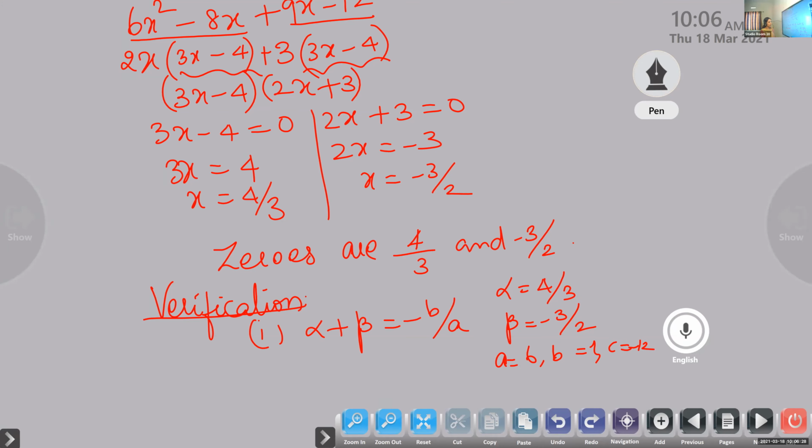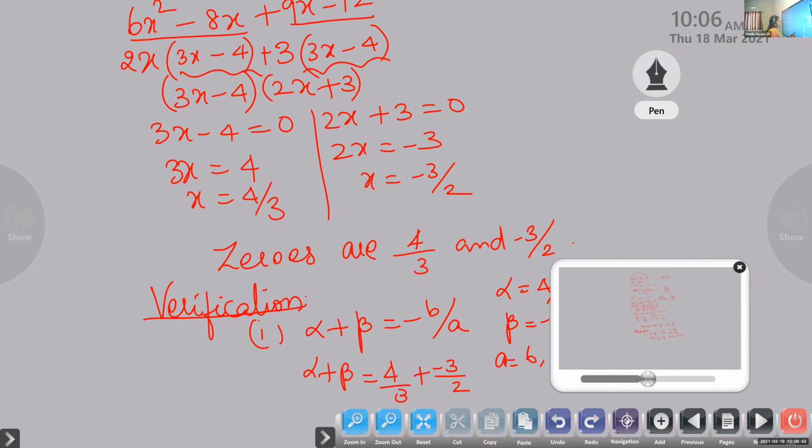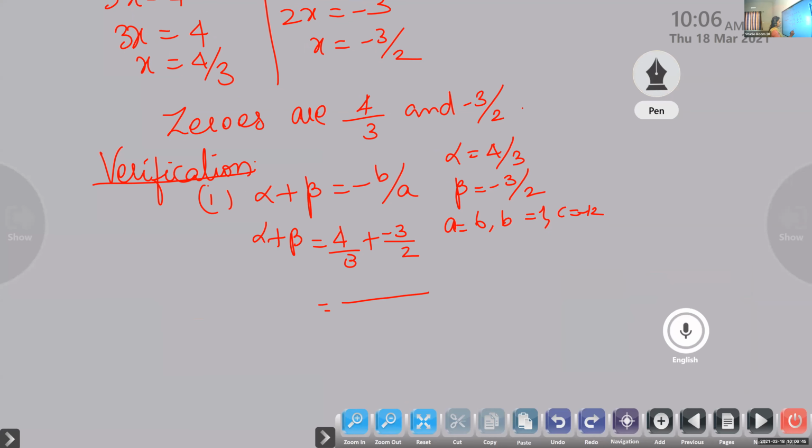So evaluate alpha plus beta, the LHS. What is alpha plus beta? 4 by 3 plus minus 3 by 2. Can you simplify this? It is 6, 8 minus 9, isn't it? It is minus 1 by 6.